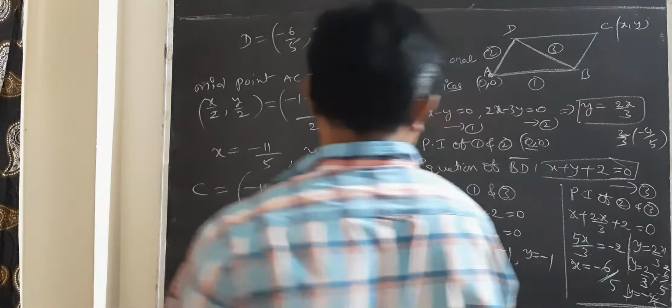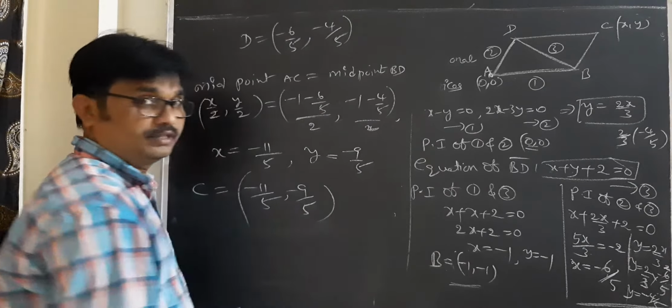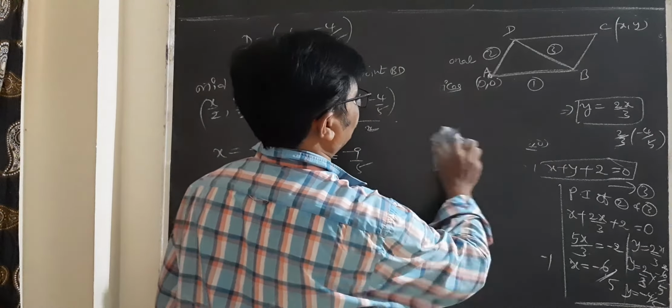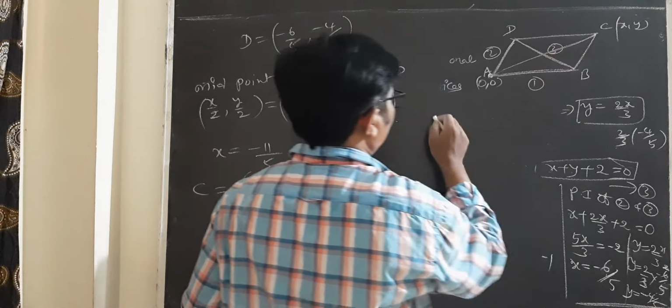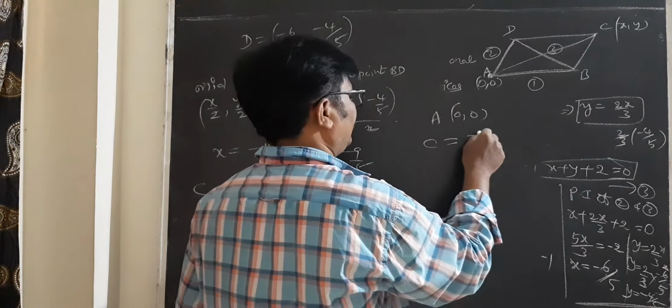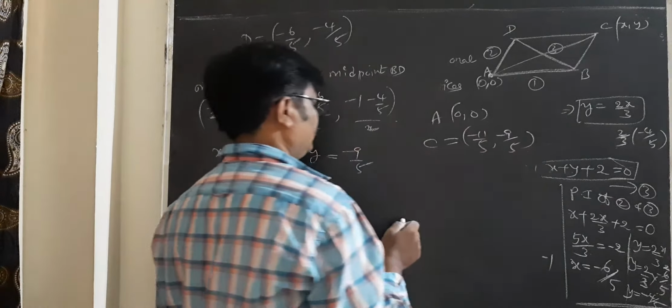Now students, we find the diagonal AC. Now students, A is the origin, C is the point minus 11 by 5, minus 9 by 5.